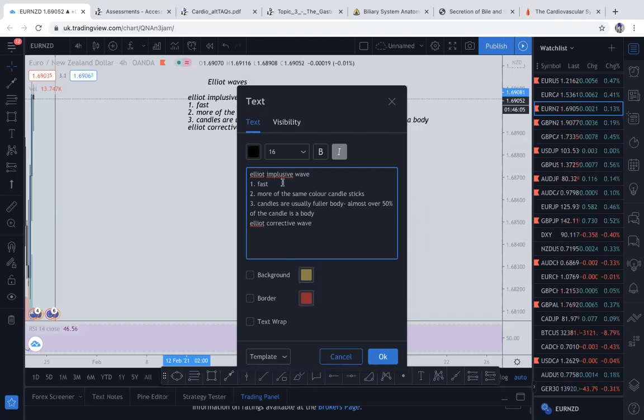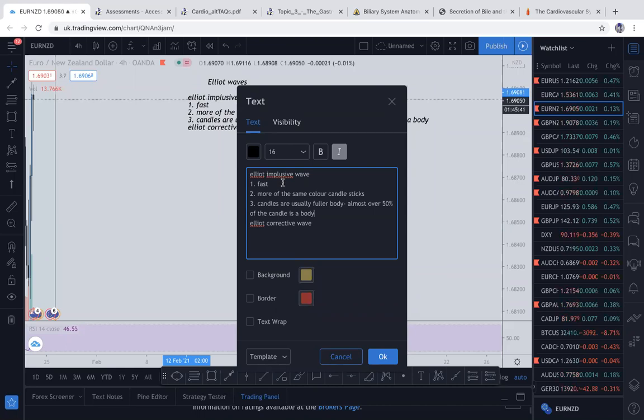And these are the things that you need to be able to recognize in terms of trading Elliott impulsive waves. The impulsive waves are always going to be very fast, more of the same colors, candlesticks. The candlesticks are usually going to be fuller in body.